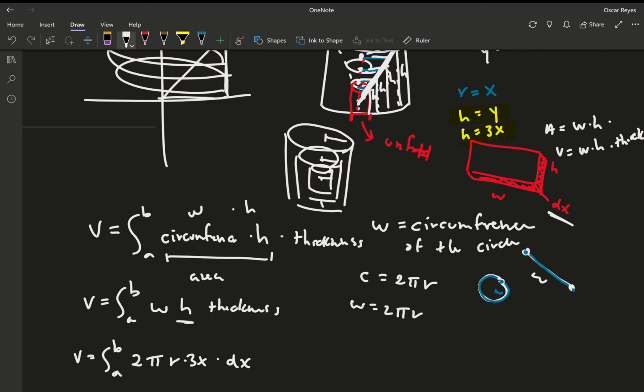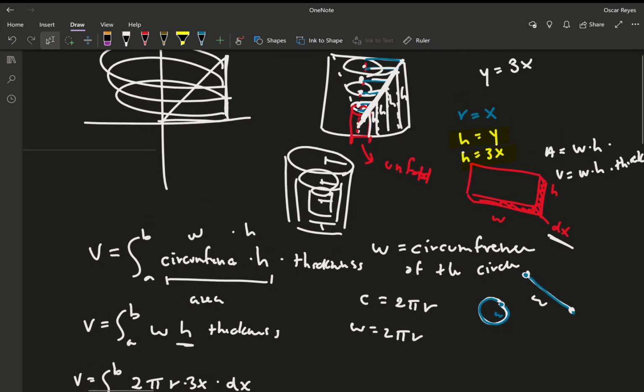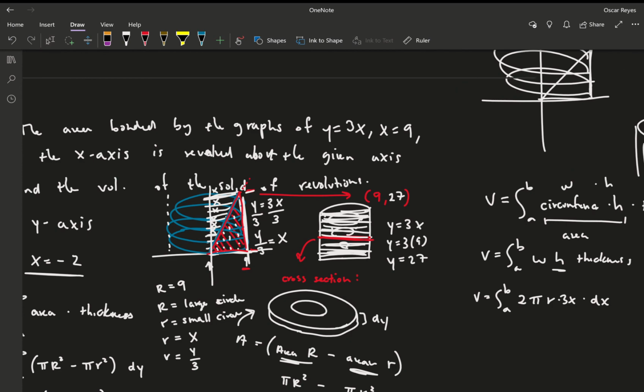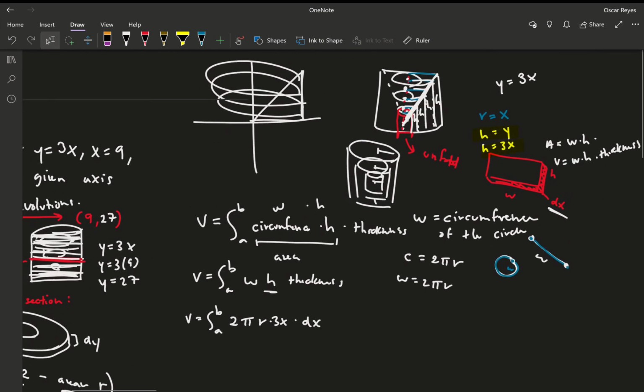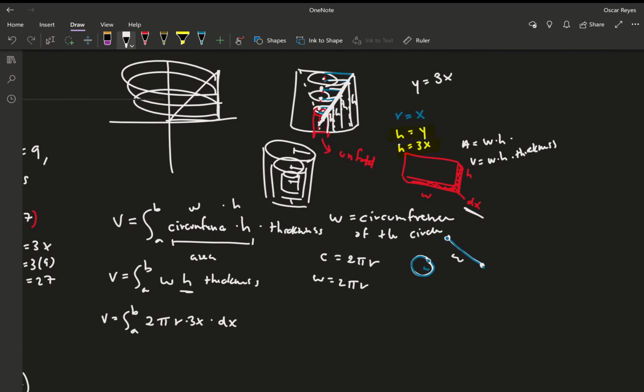And our radius, being that it's equal to x, is determined by this graph here. Our radius is dictated by this graph here, or that line, per se, which is y equals 3x. We can manipulate y equals 3x to get what x equals, which equals y over 3.